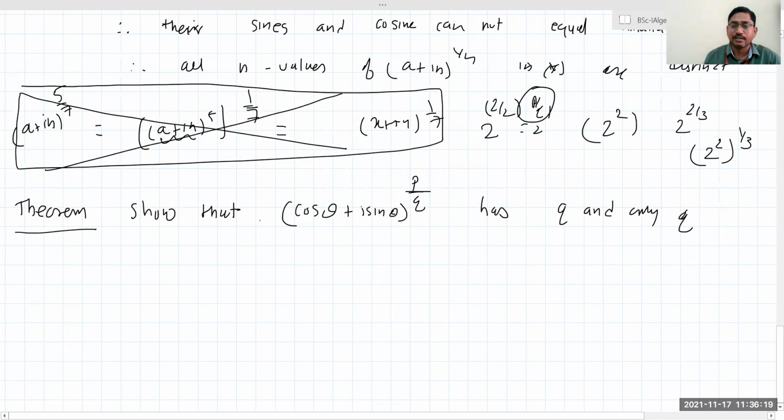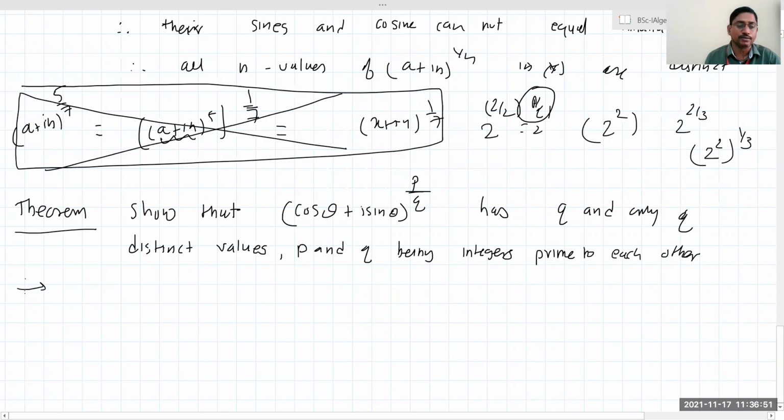Then we can say that it has q and only q distinct values, p and q being integers prime to each other.